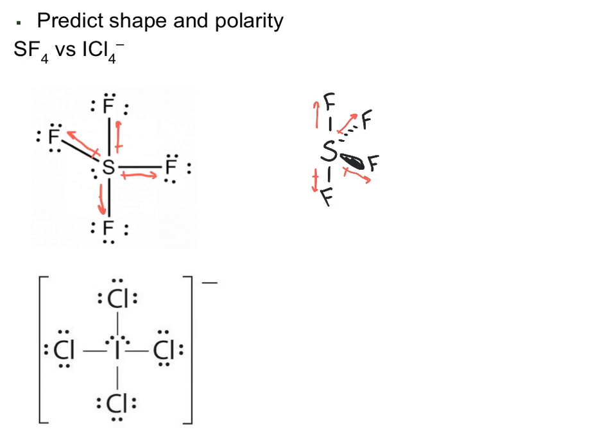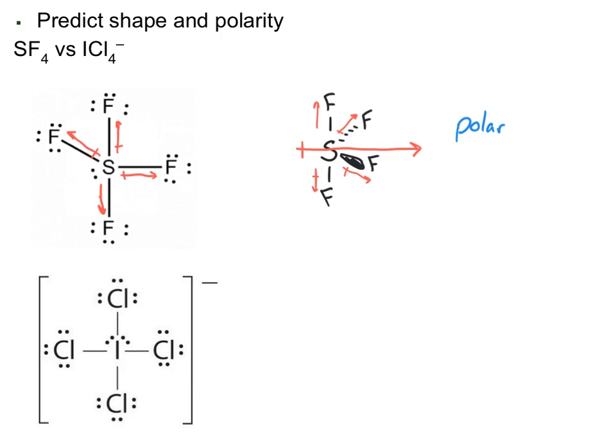Drawn as we see it here, the so-called up and down portions of these will cancel each other out, but we still have an overall dipole that would move from left to right. And so we have an overall dipole in SF4, making SF4 a polar molecule.